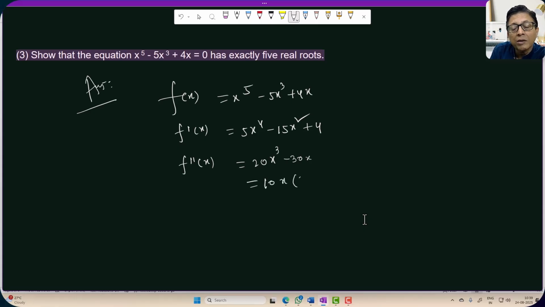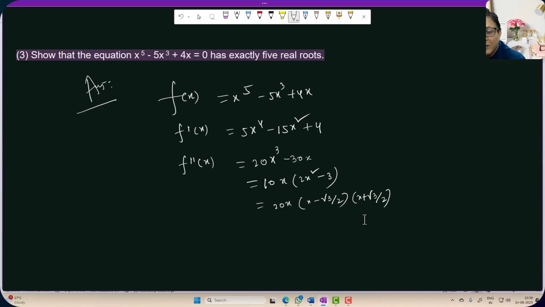10x common, 2x square minus 3. Even you can take 20x common, x minus root 3 by 2, x plus root 3 by 2. See, you are discussing polynomial equations only.